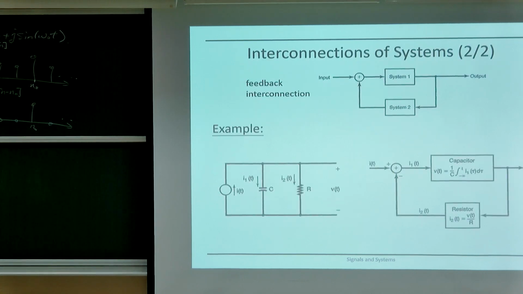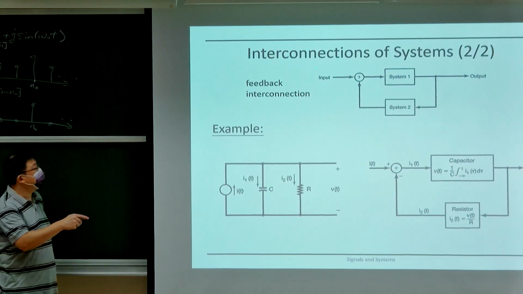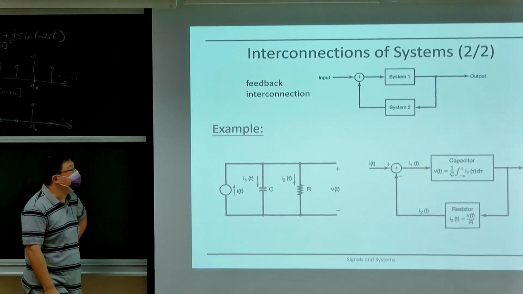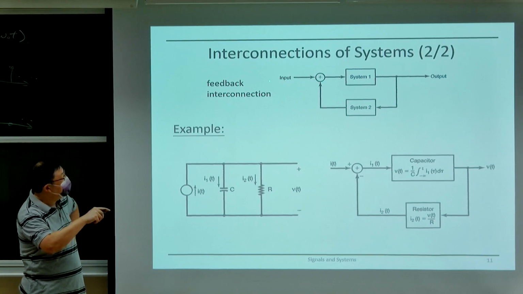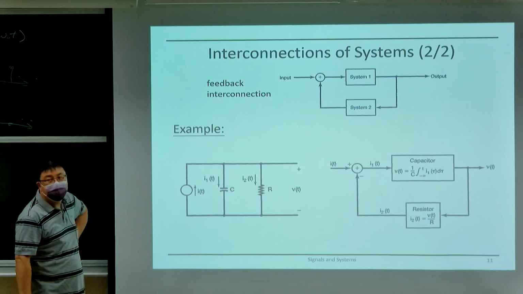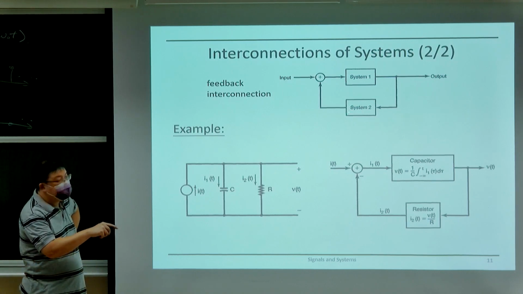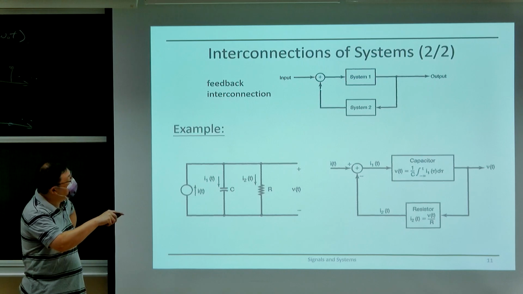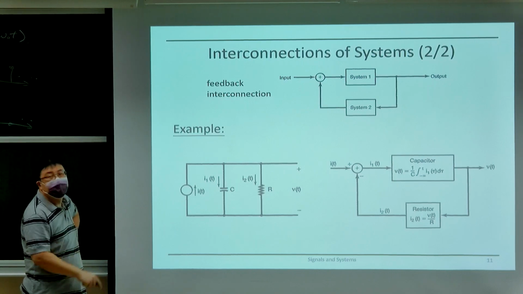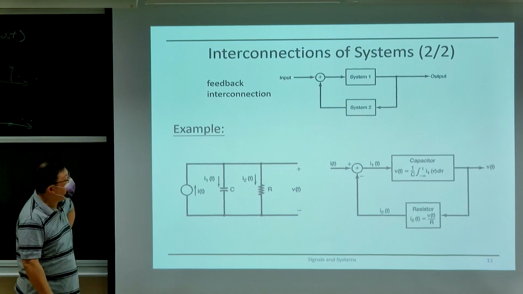Now, another common type of interconnection is the feedback interconnection, okay? So in a feedback interconnection, you have one system taking an input and producing an output, but you have another system that takes the output of one system and then uses it to alter the input of this system, okay?